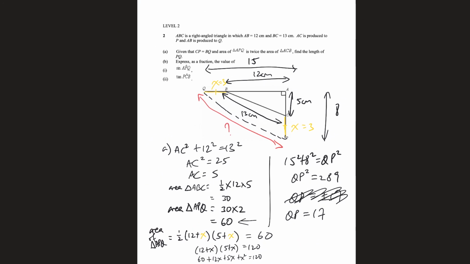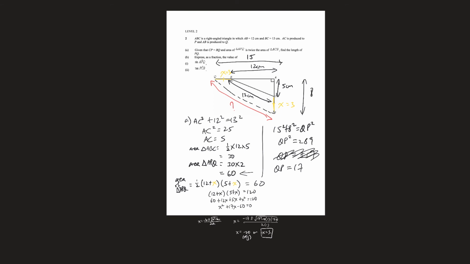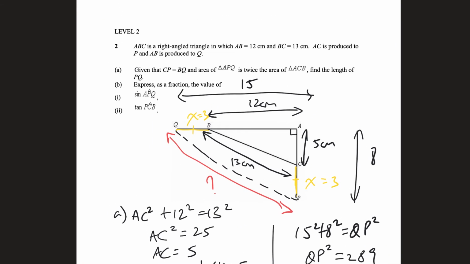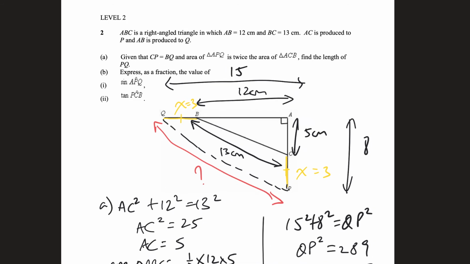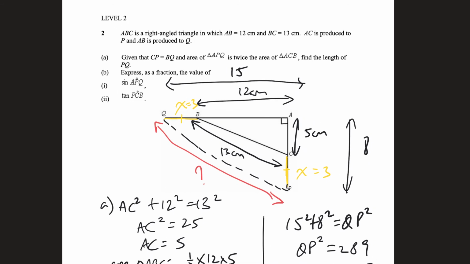Cool. Part B now. Expressed as a fraction, the value of sine APQ. Okay, and so APQ is going to be this angle. And so for this angle, this is my hypotenuse, and this is my opposite, and this is my adjacent. Feel free to rotate your phone or even your computer a little bit just to take note of this, and make sure you're able to create this opposite, adjacent, hypotenuse yourself every single time.